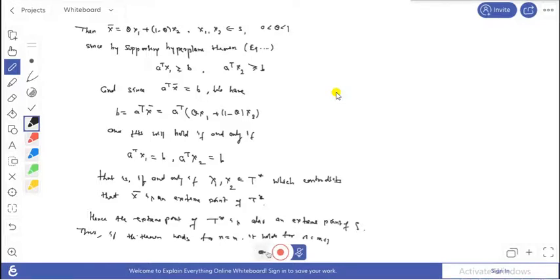So hence, by induction, this theorem is true for all n greater than or equal to 1. So here, every supporting hyperplane of a non-empty compact convex set S contains at least one extreme point of S.